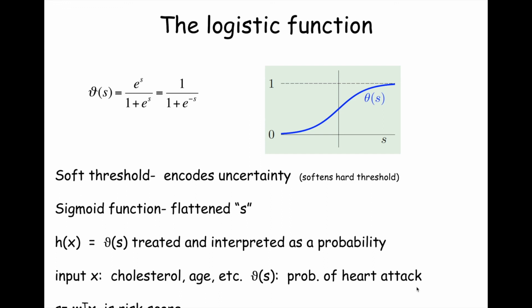So you have historical records of a lot of patients with various metrics for the input features, age, cholesterol, etc. And then this signal, s, the weighted sum, you would call that a risk score, right? What's their risk? And you evaluate that with this soft threshold, the sigmoid function, and you'd interpret that as a probability of heart attack. Does that make sense? Any questions about this?